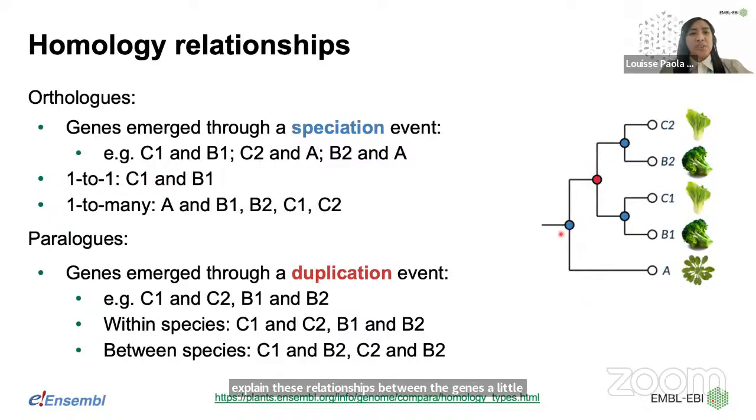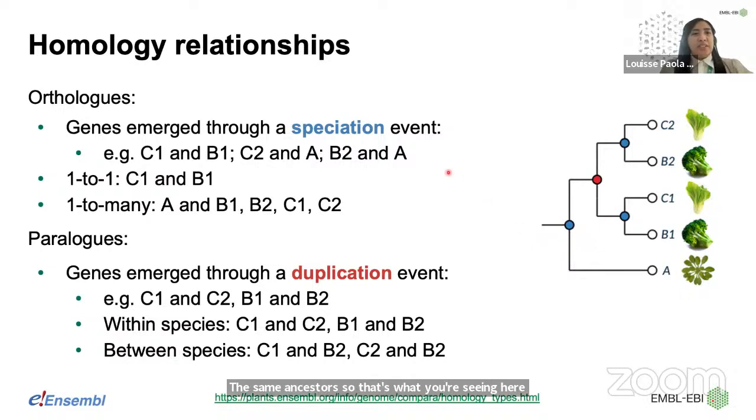The end nodes that you're seeing are genes in different species: this is one species, this is another, and this is a third. All these genes evolved from the same ancestor. That's what you're seeing here.